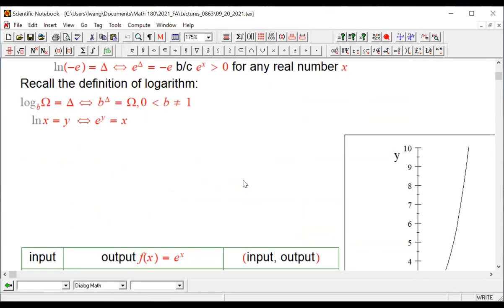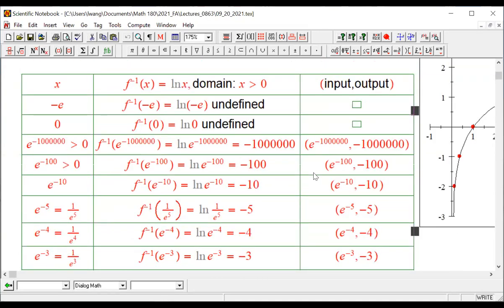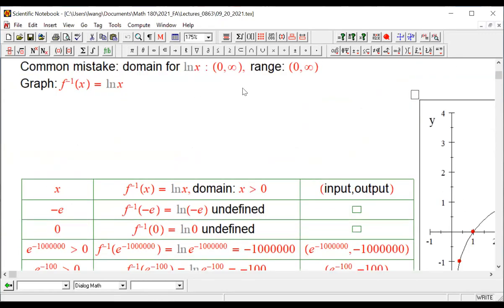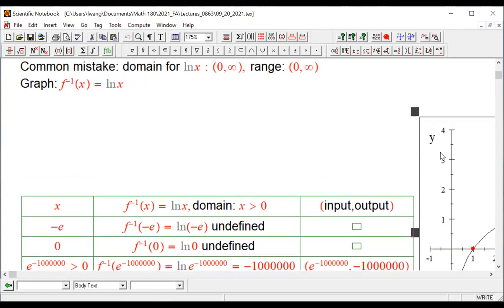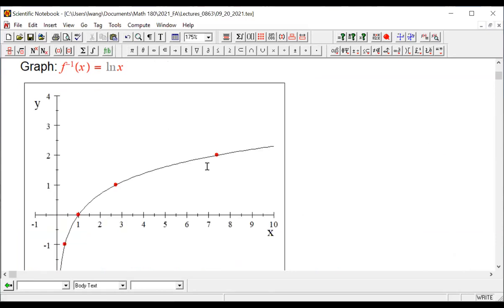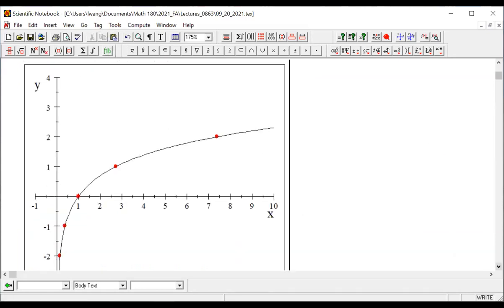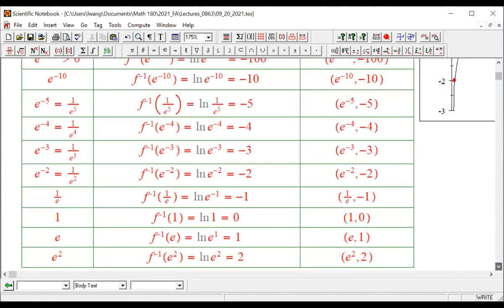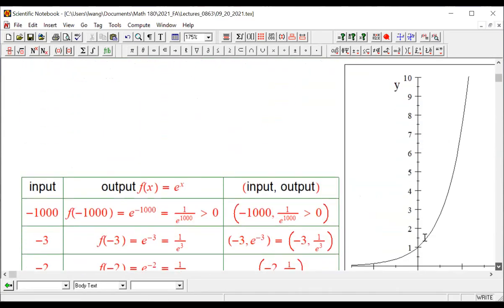So this curve, right? We're going to bring this curve and e to the power x together in the same picture.